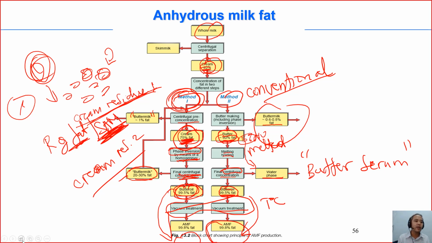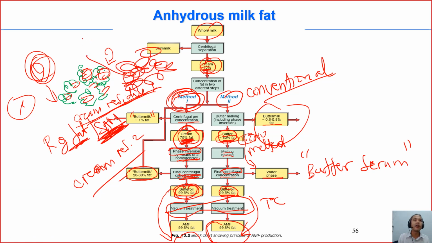So then, because they are not covered, they come together. Normally in homogenization the membrane is covered with casein, but in this case there is not enough casein to cover, so the small fat droplets will clump together, fuse with each other, and become like a mat of oil, of fat actually, right?